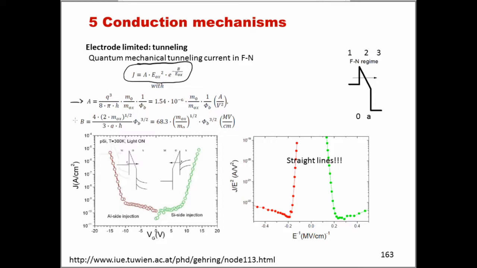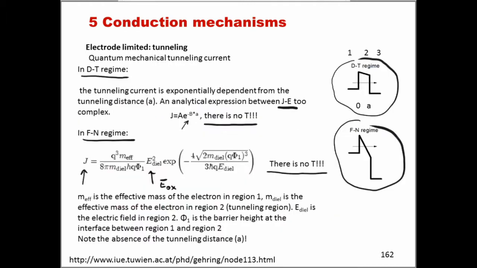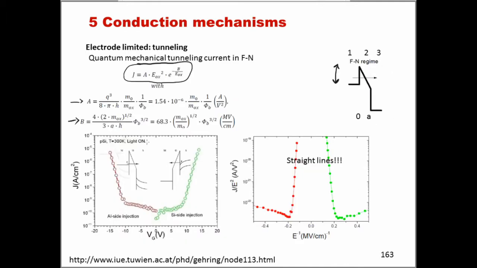The constants A and B are given here, and as you can see, both A and B depend on phi B, which is the barrier. Remember, we can go back to the previous diagram where in this formula the barrier was phi 1. Q phi B is the barrier now.